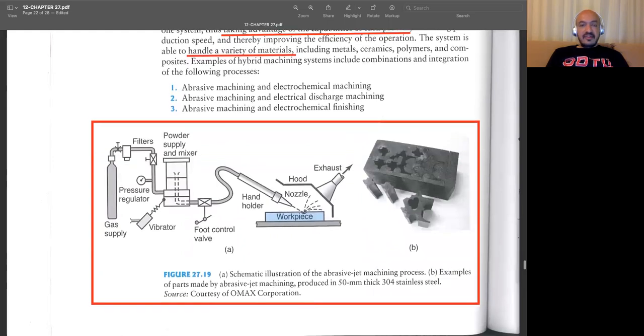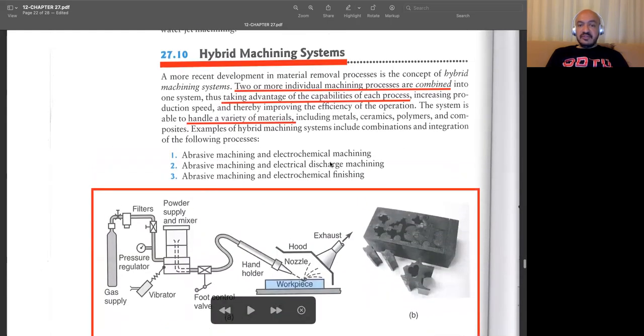And we have an example configuration. For instance, you may be doing abrasive machining and also electrochemical machining on the same setup. So with the help of such a setup, you can take advantage of abrasive machining as well as the advantages of electrochemical machining.